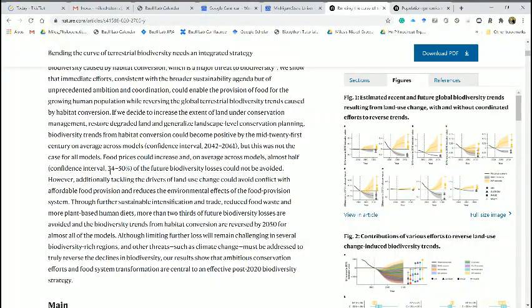Like, in order to reverse biodiversity losses, we know that we have to change how we eat and process food and how we trade, and we have to change where we get our energy from. We have to more intensively conserve biodiverse regions of the planet.